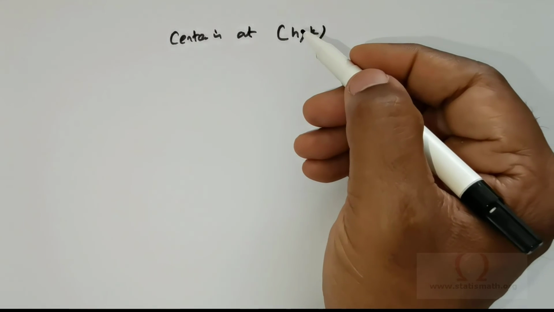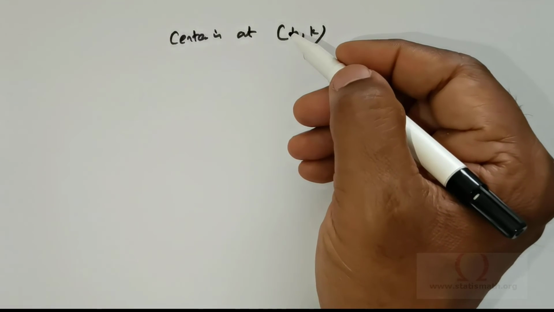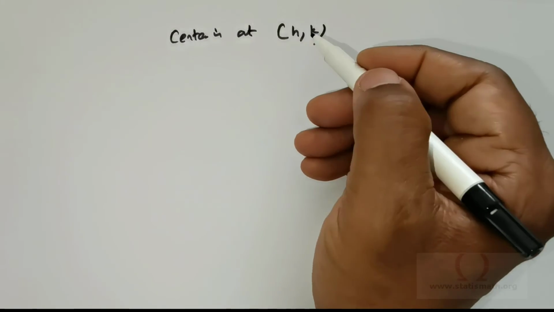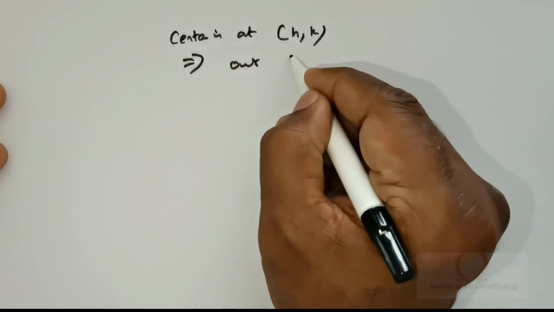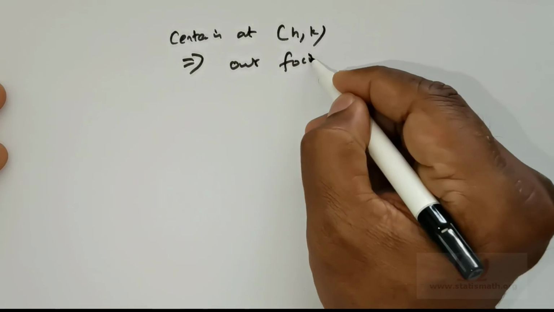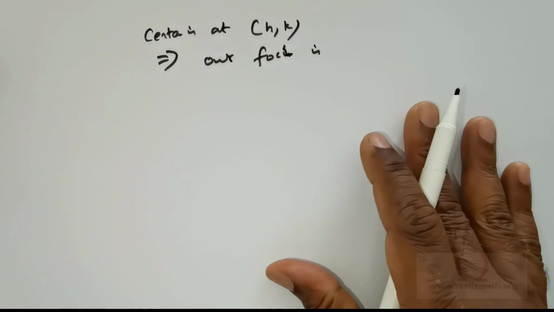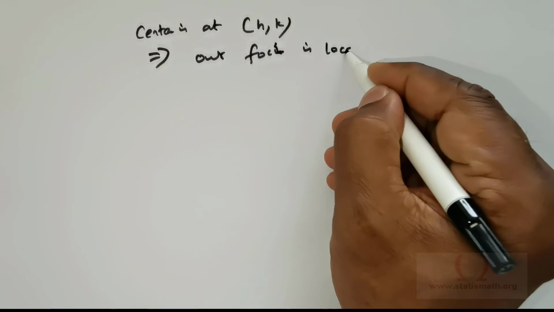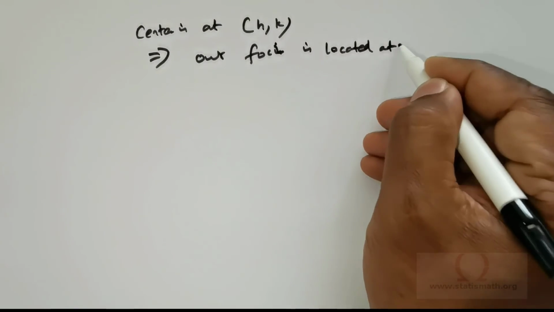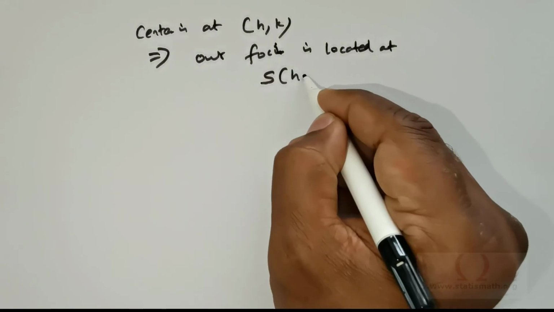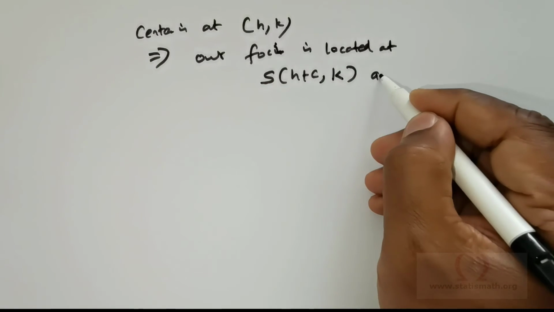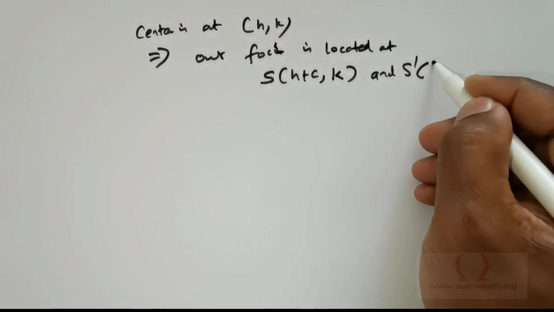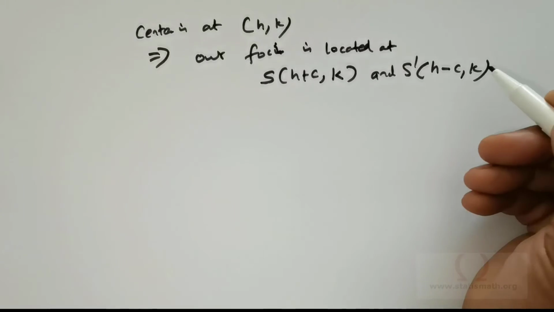So that means our foci would be different. Our foci are located at S of h positive c comma k and S dash of h negative c comma k.